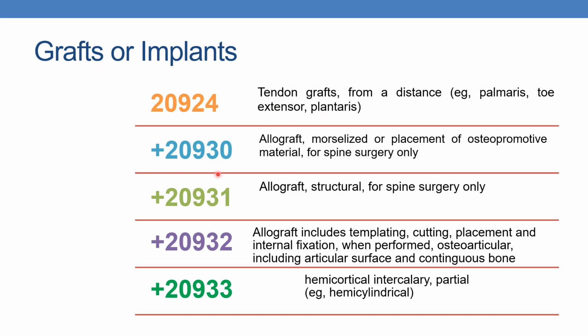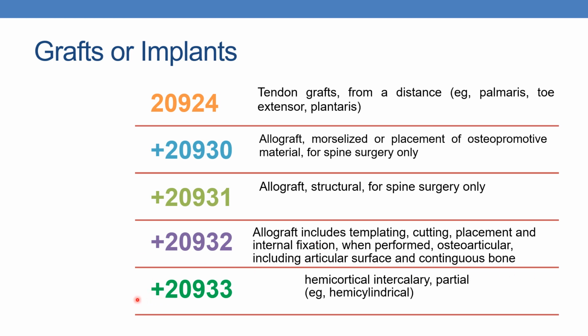Next is an add-on code, plus 20930, allograft, morselized or placement of osteopromotive material, for spine surgery only. Next is also an add-on code, plus 20931, allograft, structural, for spine surgery only. Next is plus 20932, allograft including templating, cutting, placement and internal fixation when performed, osteoarticular including articular surface and contiguous bone.